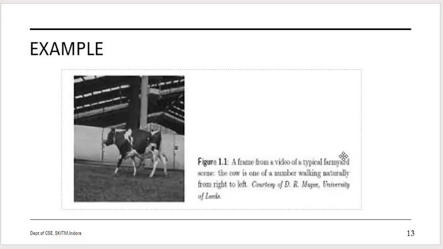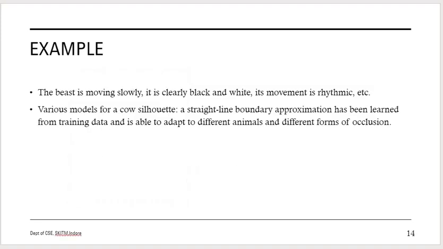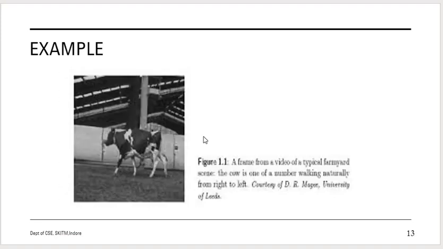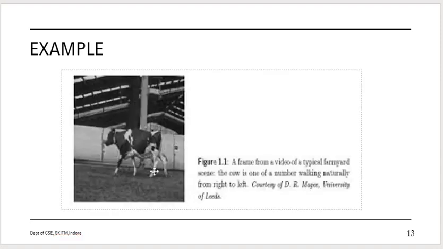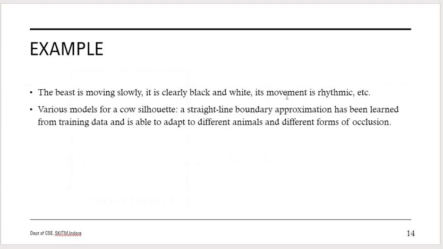So here is an example. Here is one animal, the beast, that is moving. From this image we can say it is a black and white image of some field, some land, where the beast is moving slowly.